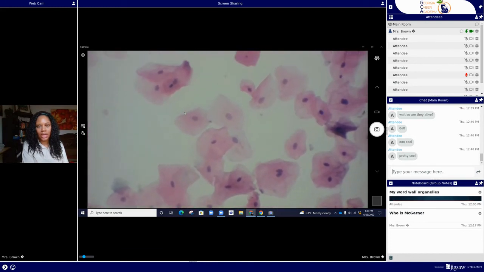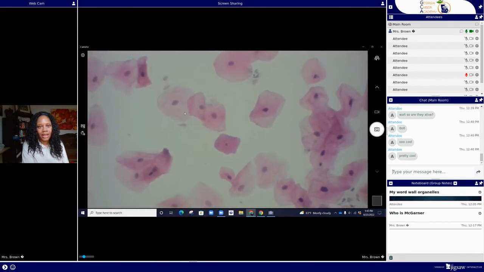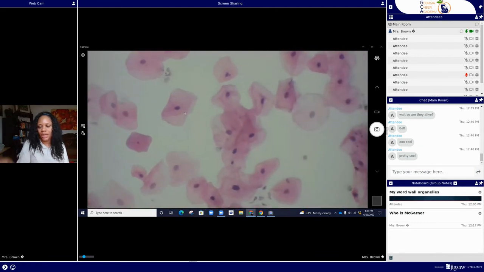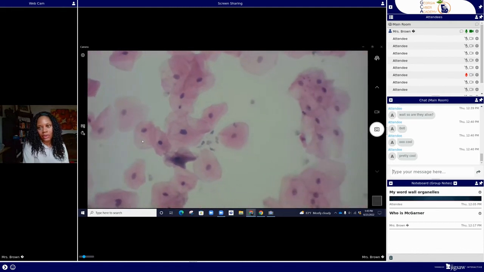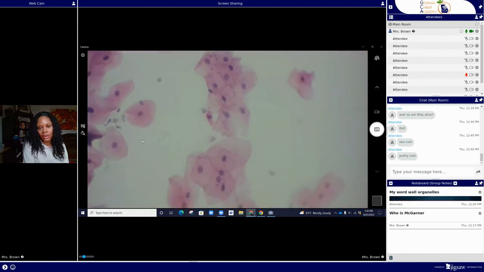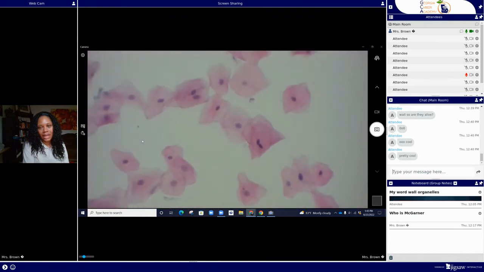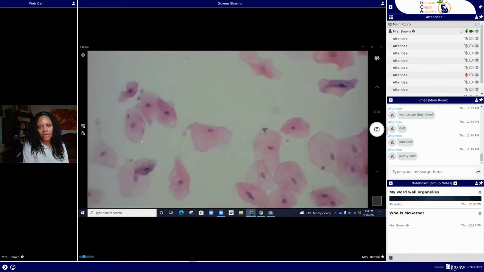And then you'll kind of see that there's like some dark material inside of them, like little black dots. Like this is a nucleus. So all those individual black dots are the nuclei. And skin cells kind of form in sheets.